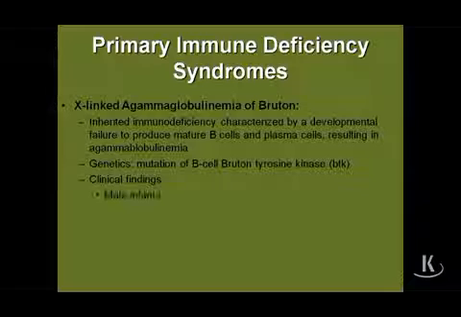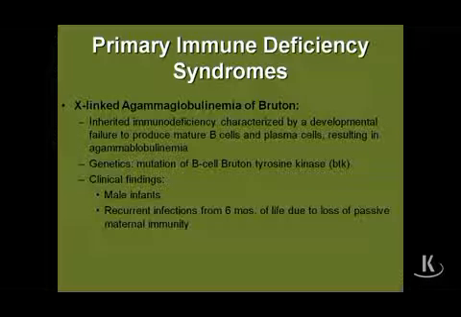And the clinical findings, obviously, it's going to be on the X chromosome. Since males only have one X chromosome, they tend to be affected, and you get recurrent infections. Why at 6 months, as you recall? Because maternal immunity, or passive immunity, is now going to be lost and now dependent upon the endogenous immune system of the infant.